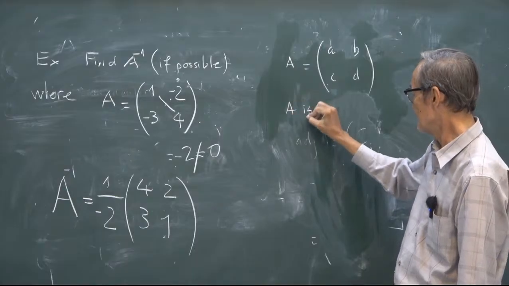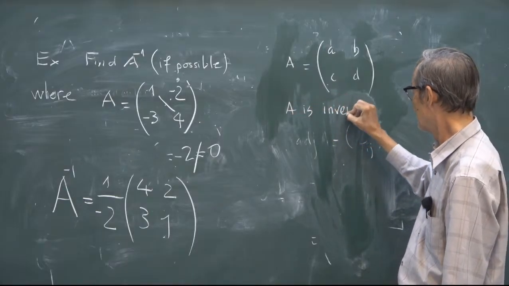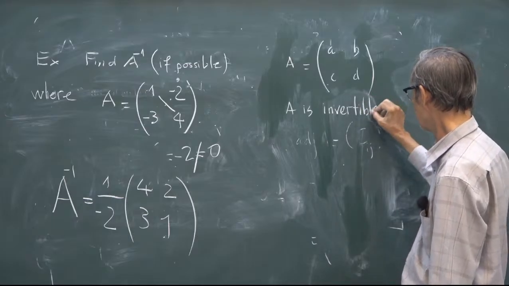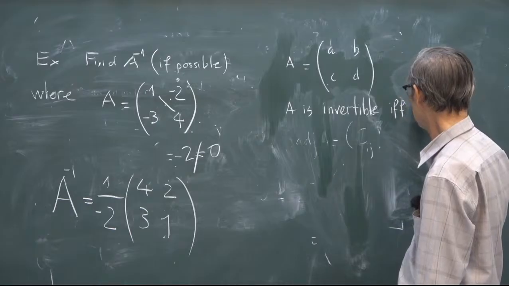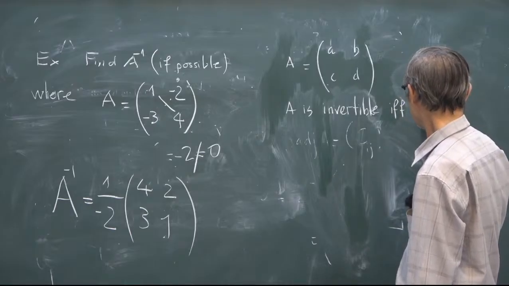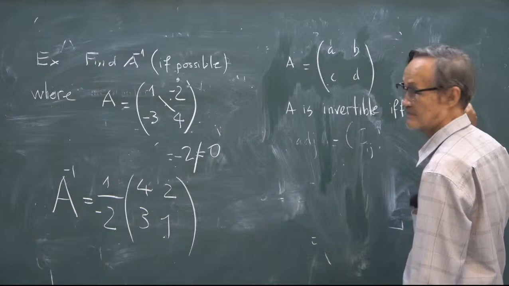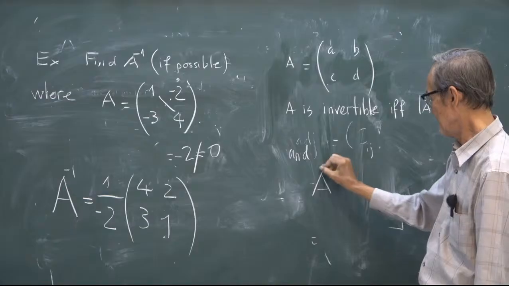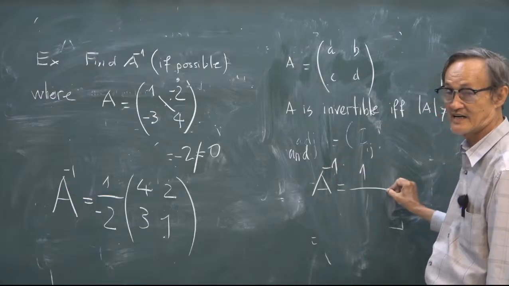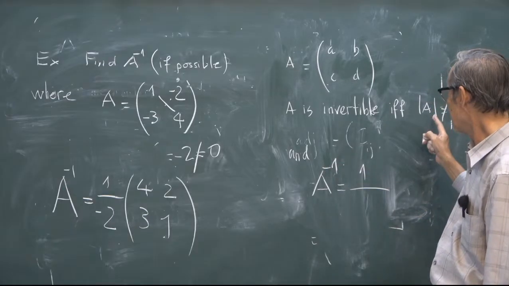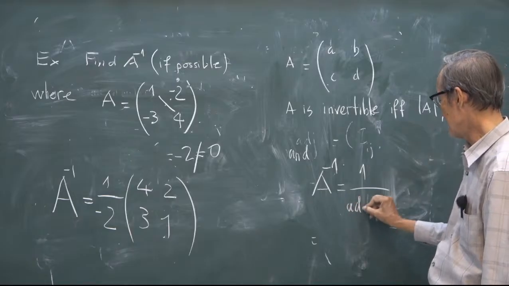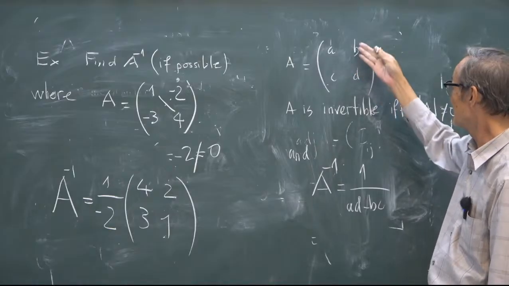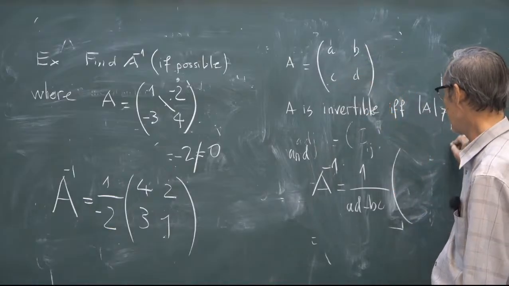A is invertible if and only if the determinant is different from 0, and the inverse of A is 1 over the determinant ad minus bc, main diagonal minus sub-diagonal, times the adjoint.